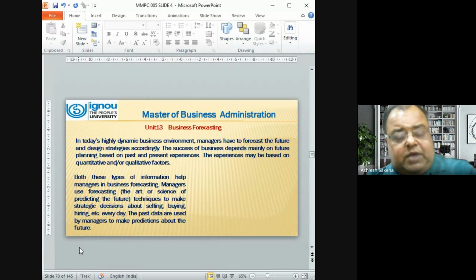in business forecasting. Managers use forecasting, the art or science of predicting the future, techniques to take strategic decisions about selling, buying, hiring, etc. every day. The past data are used by managers to make predictions about the future.